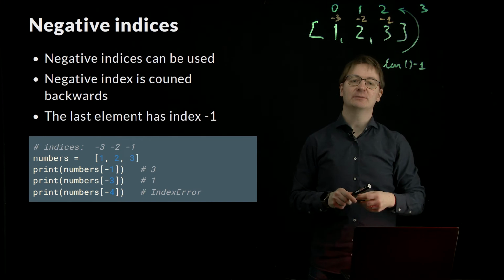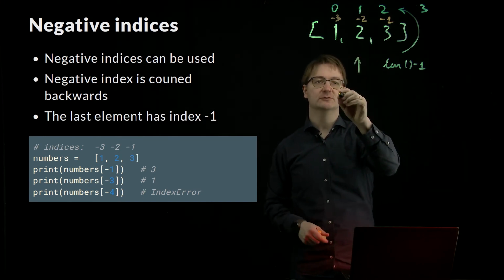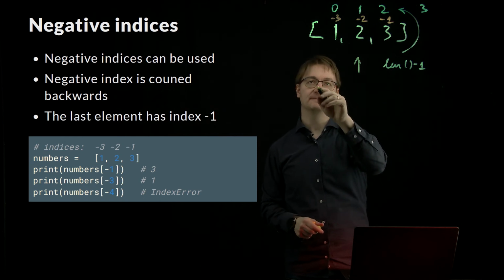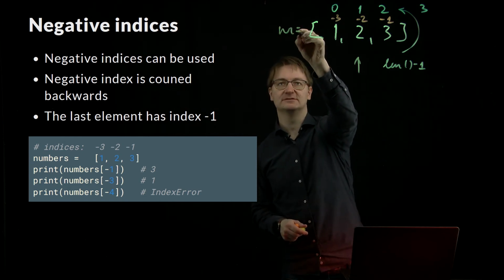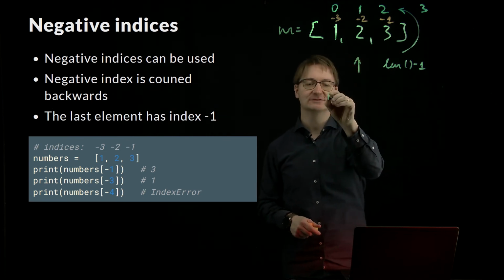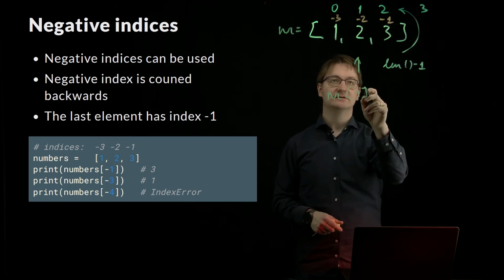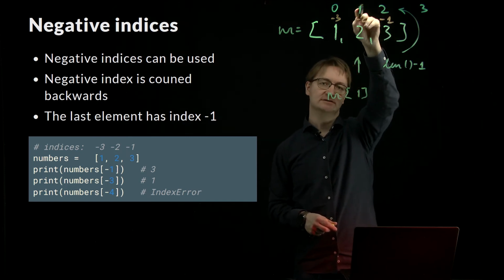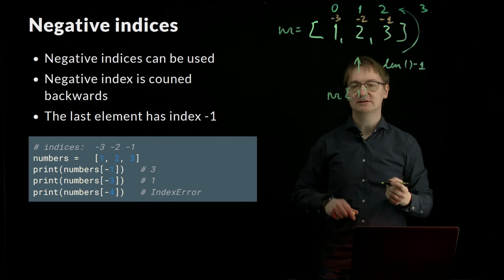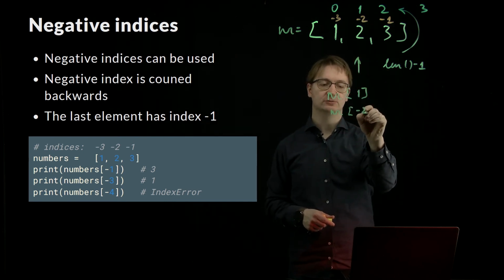Basically, if you want to access, for example, this element here, let's say numbers is the variable, then we can use 1, which is the normal index starting from 0, or we can use -2.